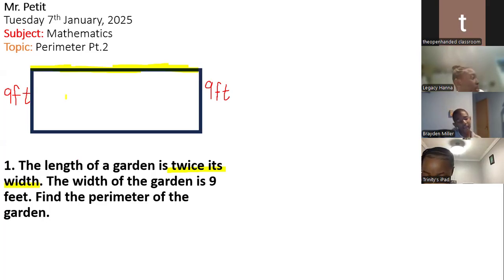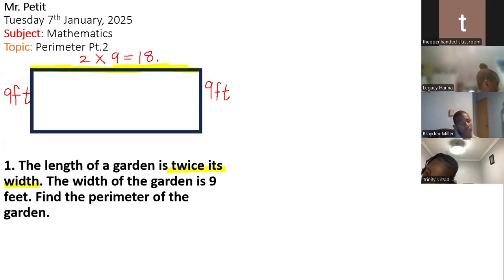So in order for us to figure out what the length is going to be, what are we going to do? It's saying the width is 9 feet, so it's going to be twice, 2 times 9, which is going to be 18 feet. Okay.